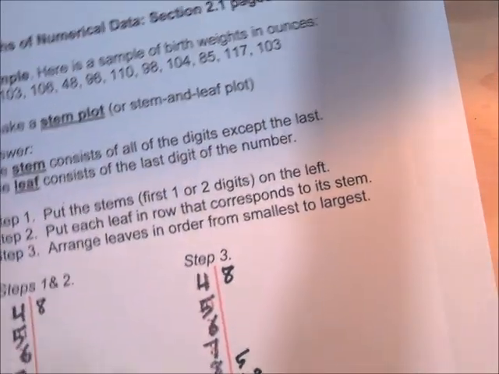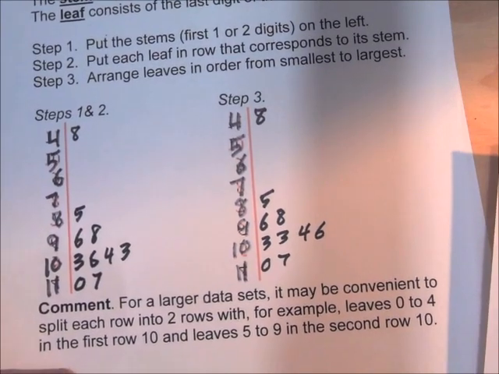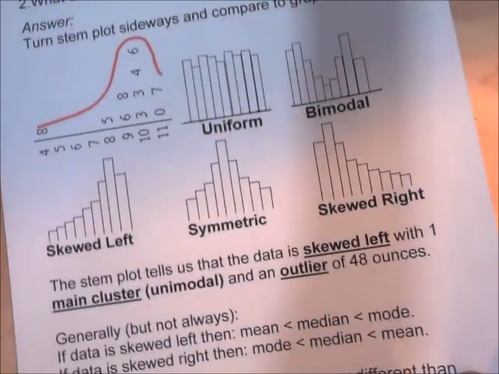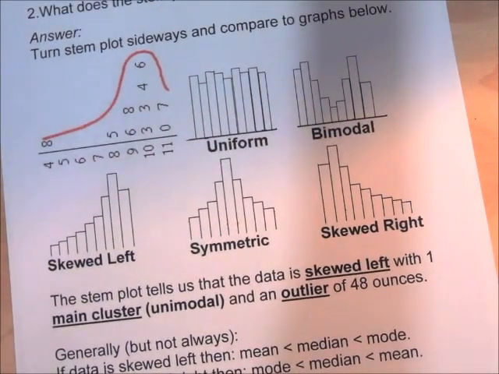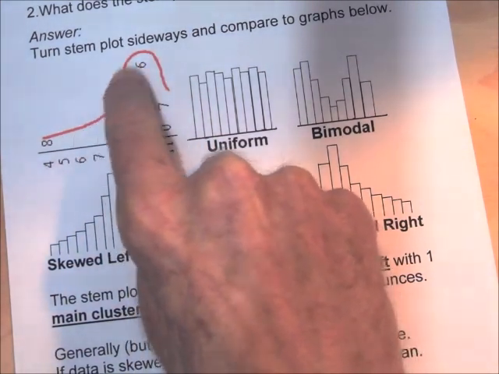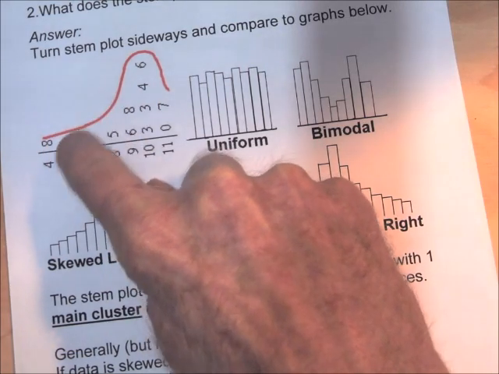Okay, so what does this tell us about the data? Here's our stem plot. Well, usually you want to turn this sideways. And here, on the next page, I actually turned it sideways, and we see the overall shape of the distribution. We have a big hump here, and then it kind of peters out.